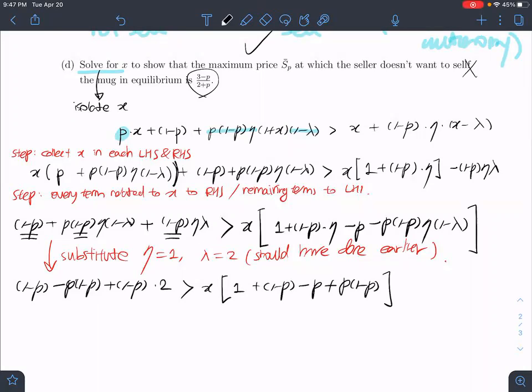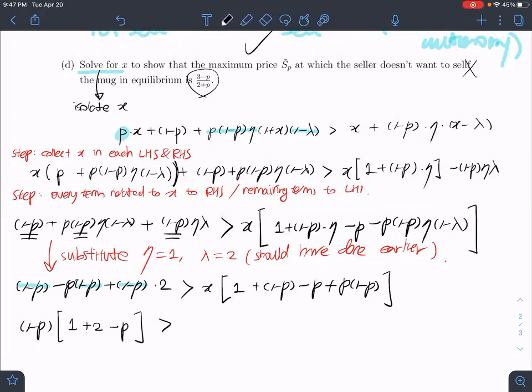And then at the left-hand side we have 1 minus p and then we have 1 plus (2 minus p). So in the left-hand side, everything has 1 minus p, so I was factoring out 1 minus p.